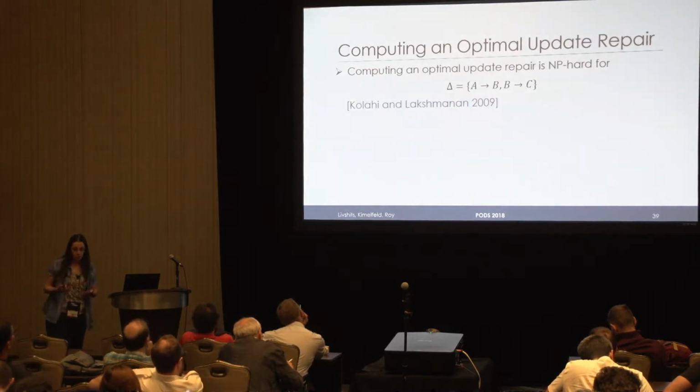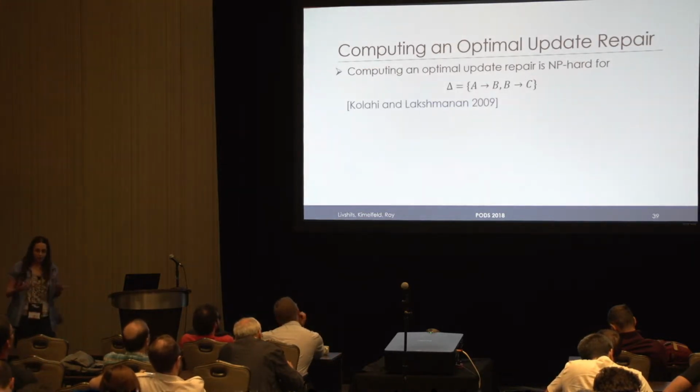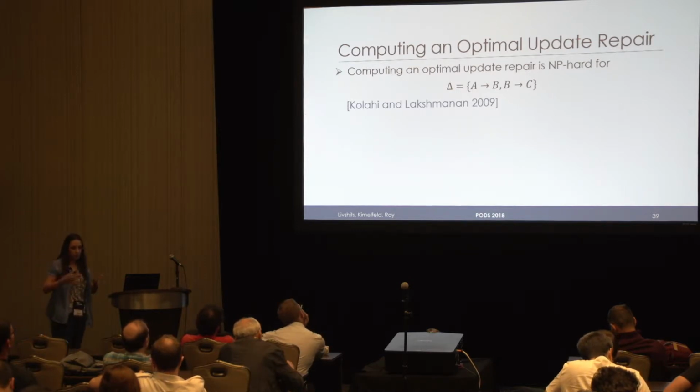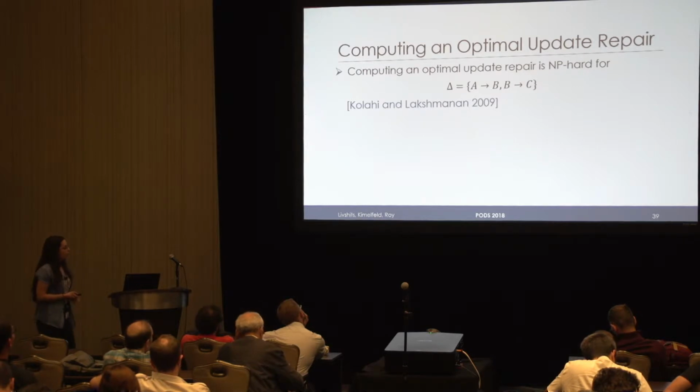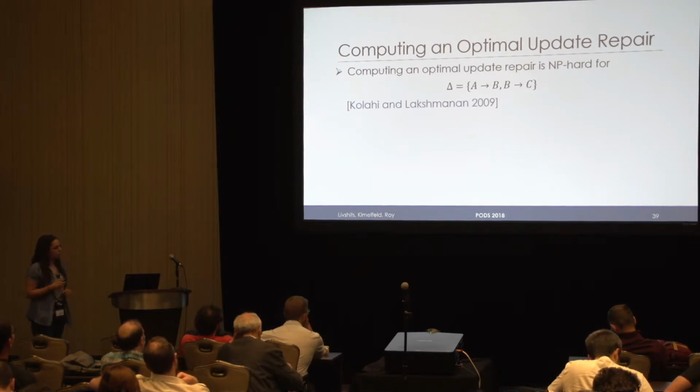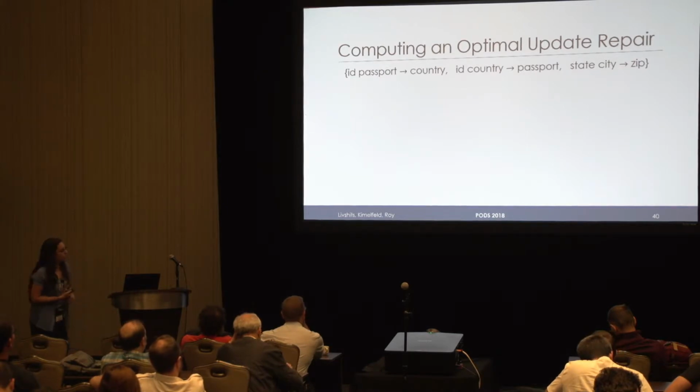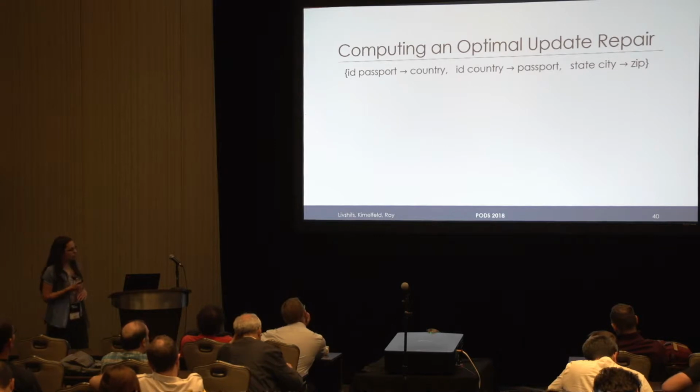So it is also known that computing an optimal update repair is NP hard for some sets of functional dependencies, but again, this is not always the case. And here I will start with an example as well. Okay, so assume that we have this set of functional dependencies. ID passport implies country, ID country implies passport, and state city implies zip.